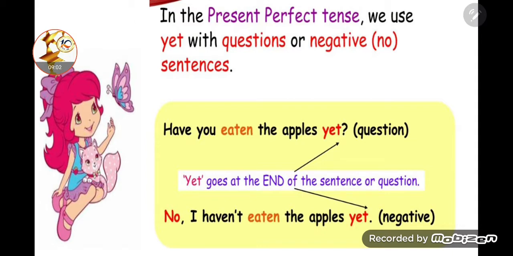Let's move on now and talk a little about "yet". In present perfect, we usually use "yet" only with questions and negative sentences. When I use "yet" as a keyword, it means "not yet". We need to notice that it only comes with negative sentences and questions. For example, have you eaten the apples yet?